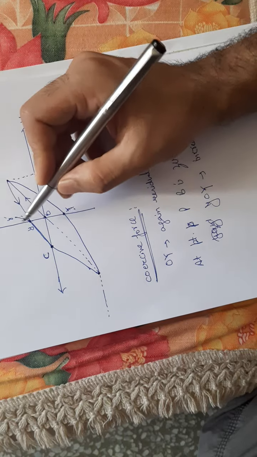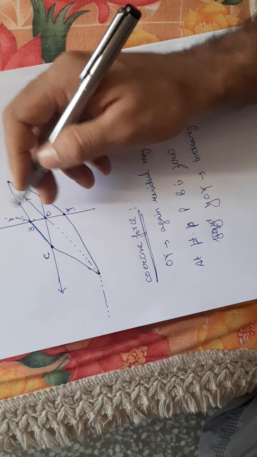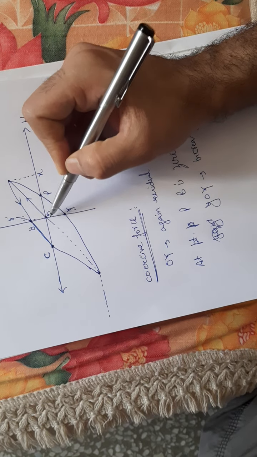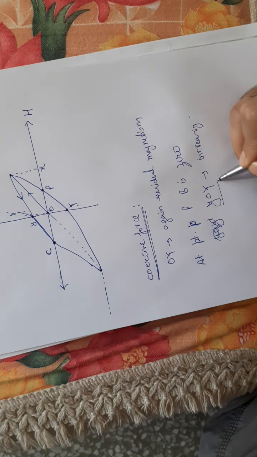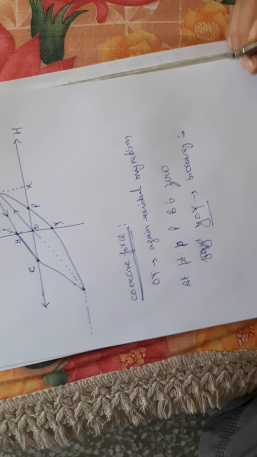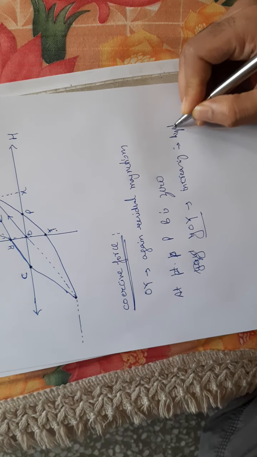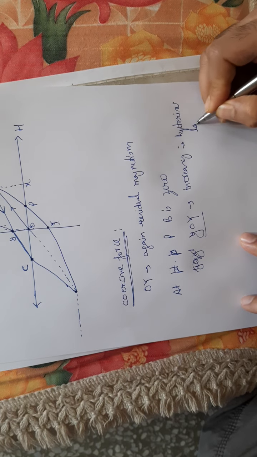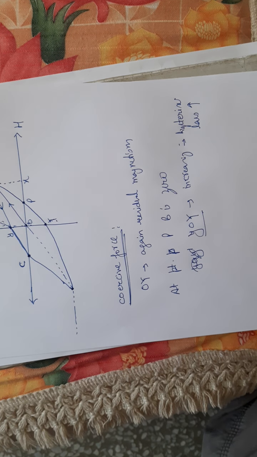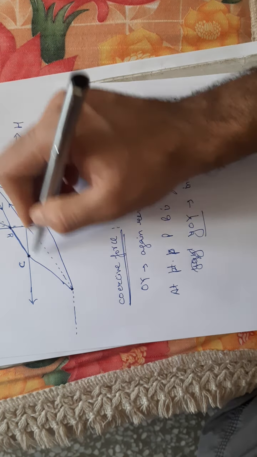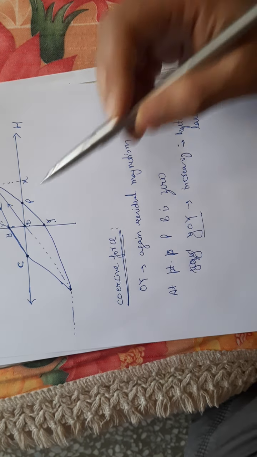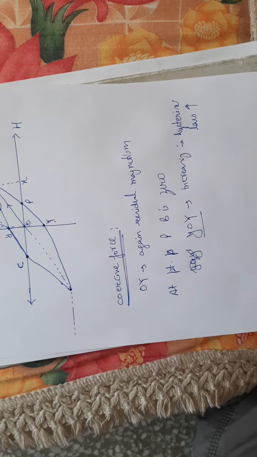If I do not make this residual magnetism 0, the width Y O small y O Y will increase, which means hysteresis loss will increase. That is why it is important to reduce this residual magnetism in a system.